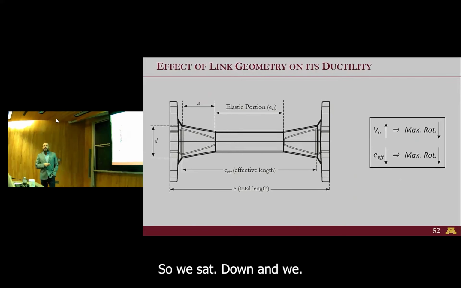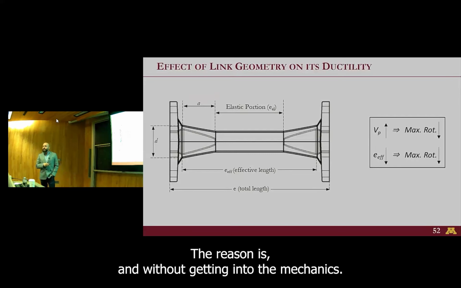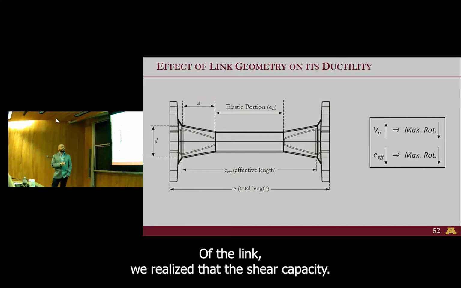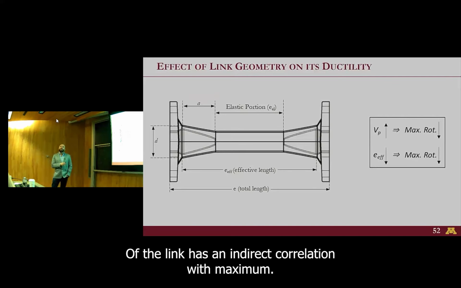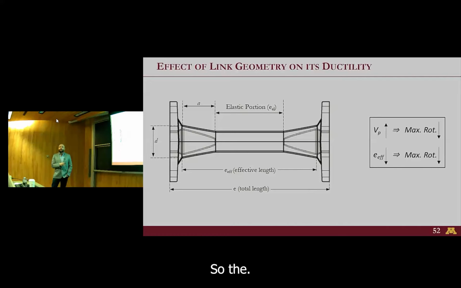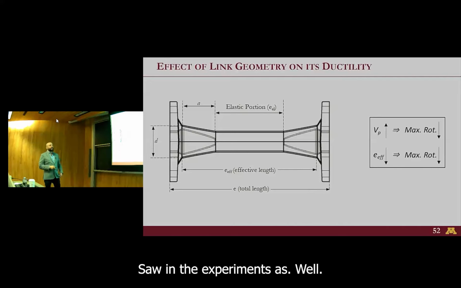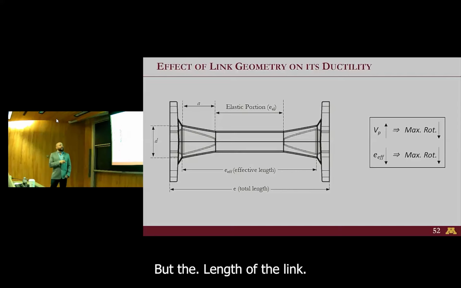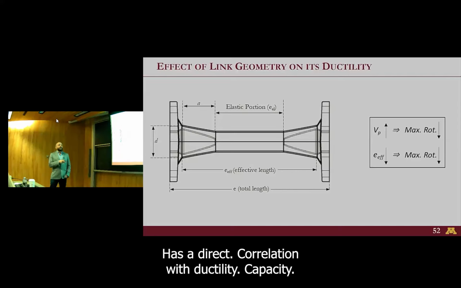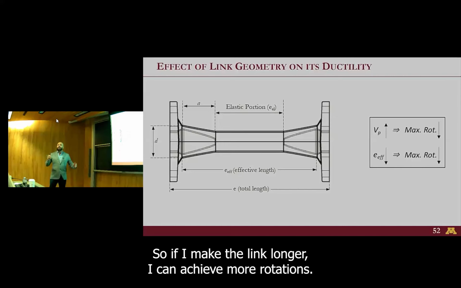So we sat down and looked at the reason why, and without getting into the mechanics of the link, we realized that the shear capacity of the link has an indirect correlation with maximum ductility. So the stronger the link, the sooner it would fail, and that's what we saw in the experiments as well. But the length of the link has a direct correlation with ductility capacity. So if I make the link longer, I can achieve more rotation.